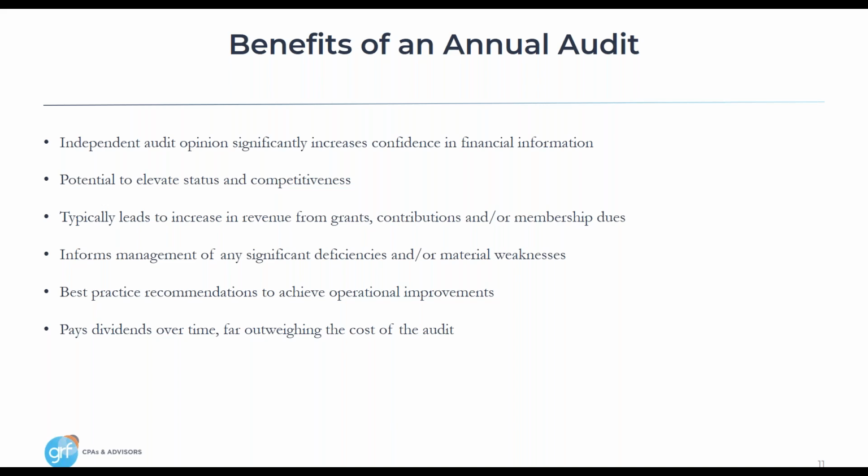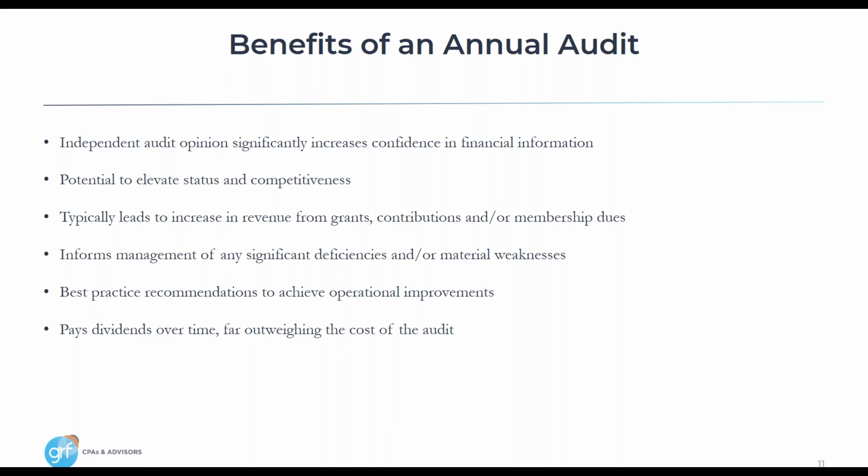The other benefit of an annual audit, which Walt touched on, is that as part of the audit, the auditors will provide information about any material weaknesses identified or any significant deficiencies. Now, we will speak a little bit more about the exact definition of these terms later on.